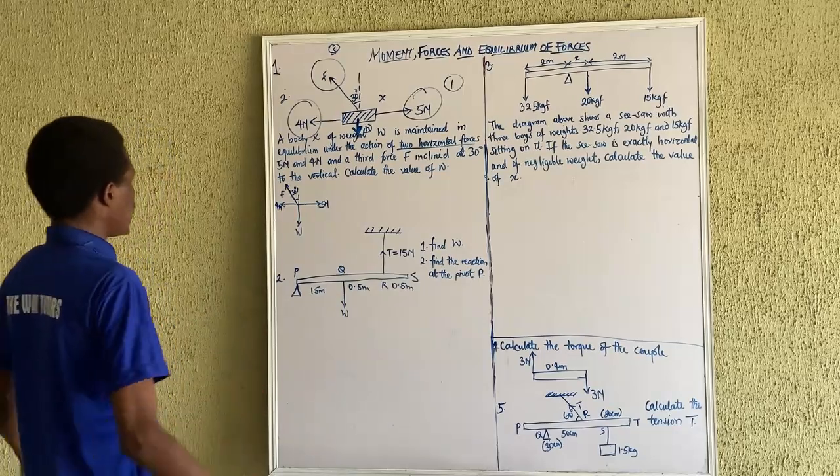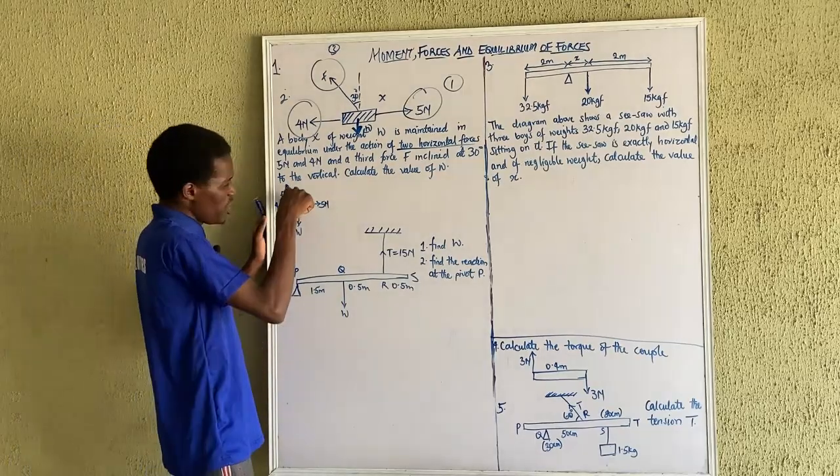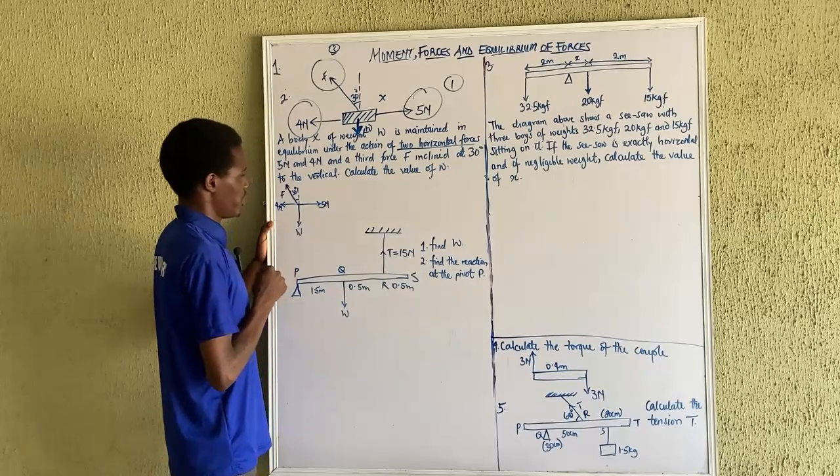The question is to calculate W. I already told you W is vertically downward.